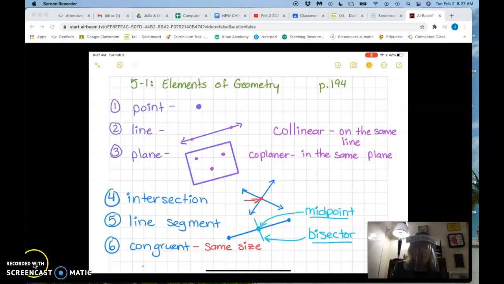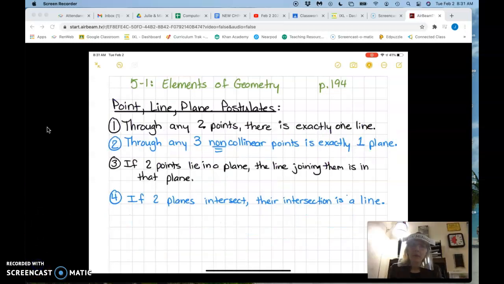Okay? Okay, so this is the last part of your written notes for today, and then we'll do some examples. But we're talking about postulates, and hopefully you remember that from geometry class a couple years ago. So these are the point, line, and plane postulates, and what postulates are just some rules or facts in geometry. And so we have number 1, through any 2 points, there is exactly 1 line.